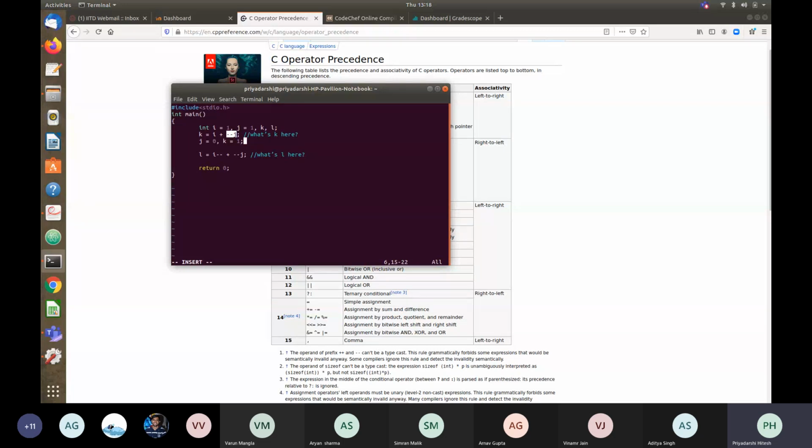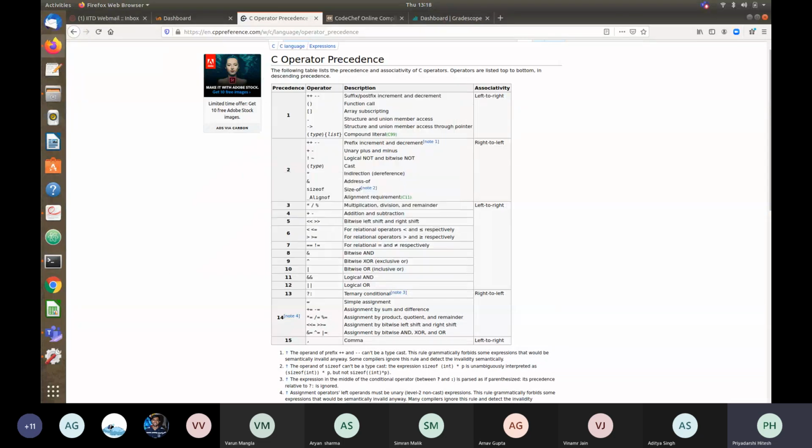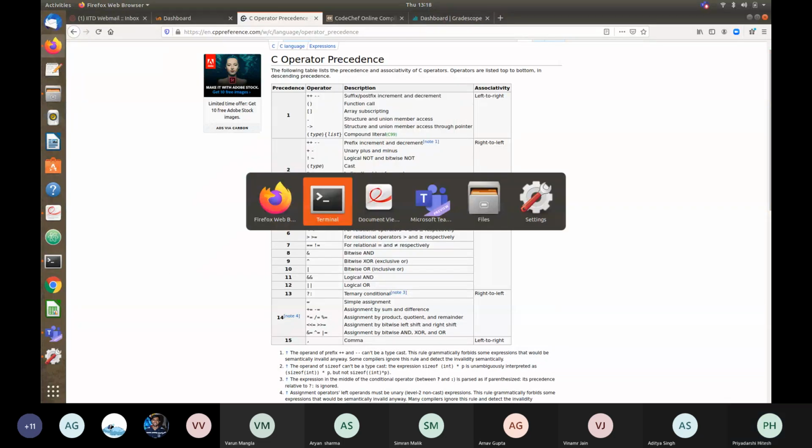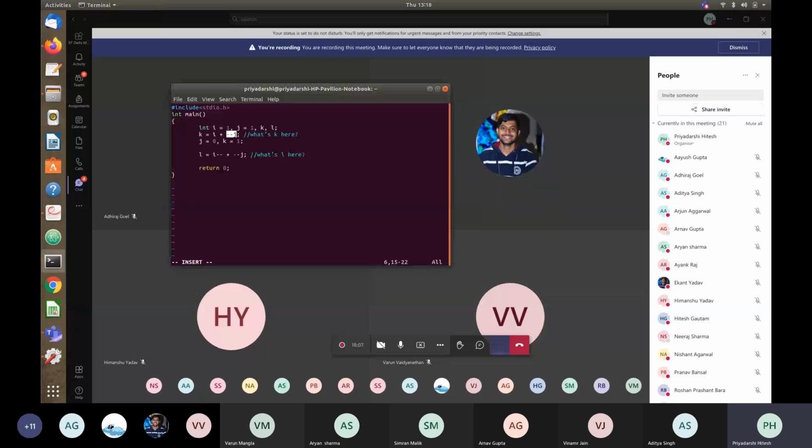Now, does anybody have any doubt about how j will be equal to 0 and k will be equal to 1? Okay, fine. So what will happen in this question? l equals to, you tell me what will be the value of l here.